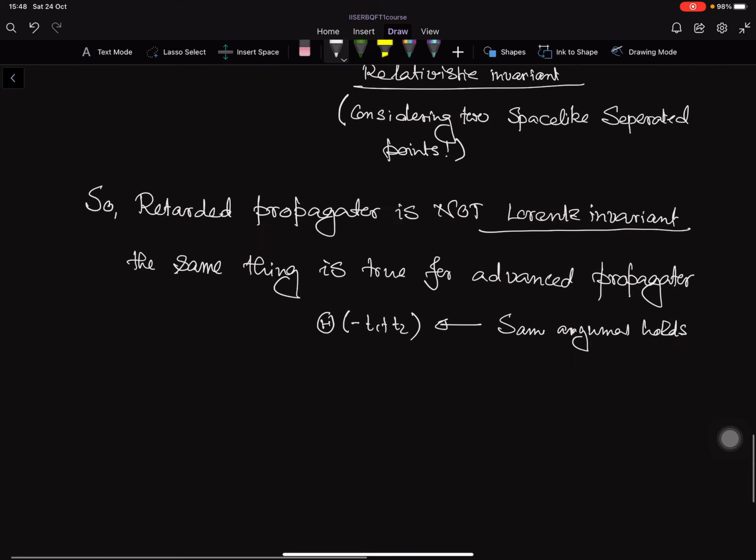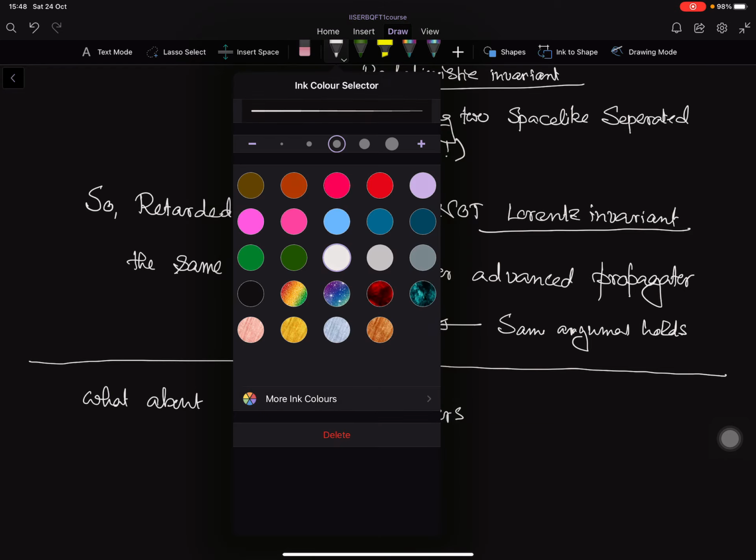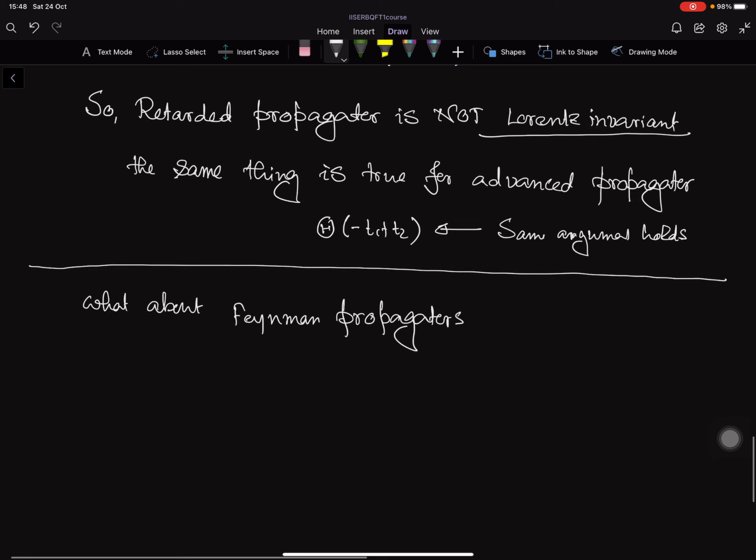Now what about Feynman propagators? So the Feynman propagator has two pieces.